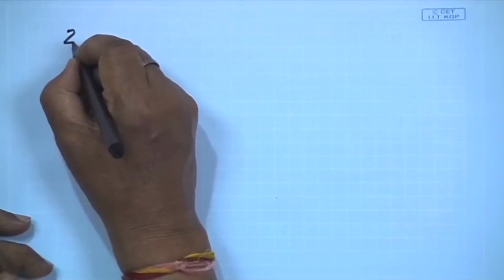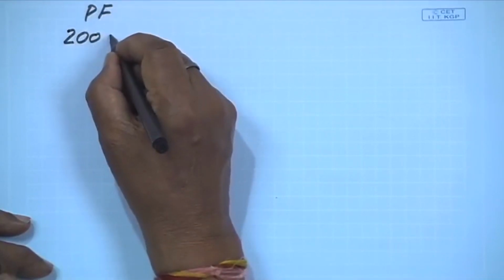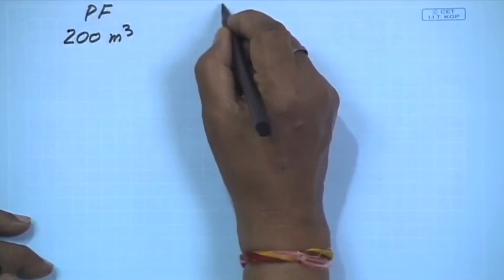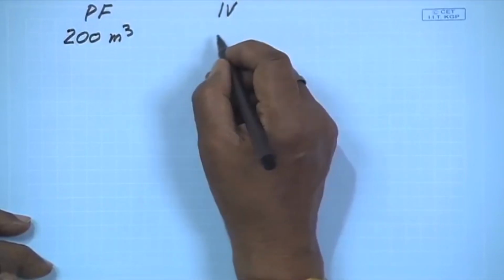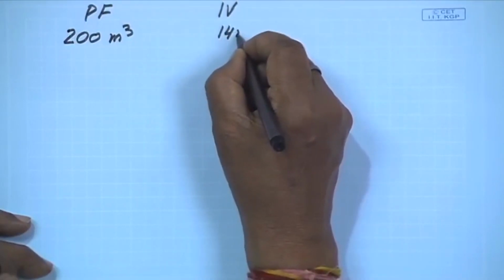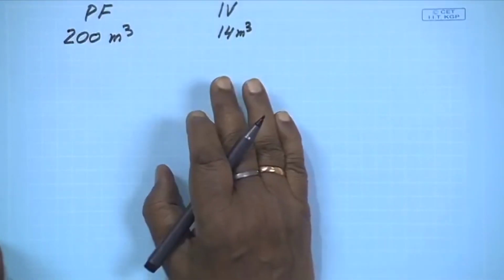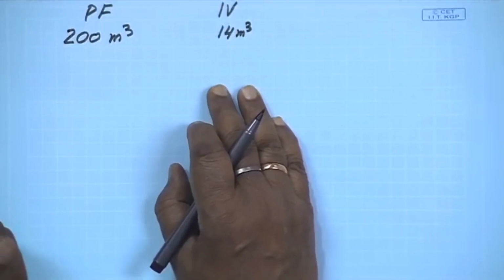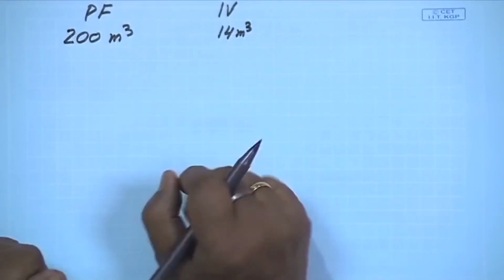The volume of the inoculum vessel is usually 5 to 10% of the production fermenter. I worked with industry where the capacity of the production fermenter was 200 cubic meter, and the inoculum vessel, where we prepare the inoculum, was about 5 to 10%, in our case 14 cubic meter, which means 14,000 liters. The 14,000 liters of culture we cannot prepare in the lab, so you have to prepare this inoculum in the fermentation plant itself.